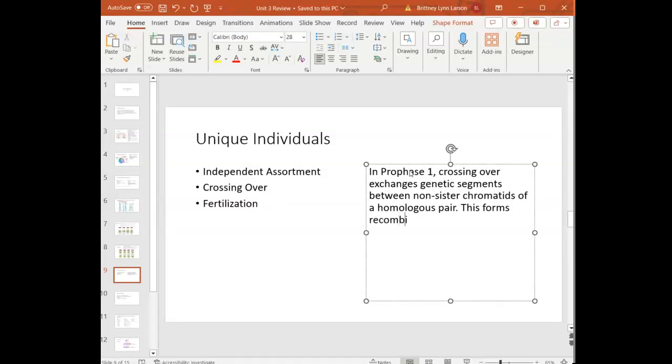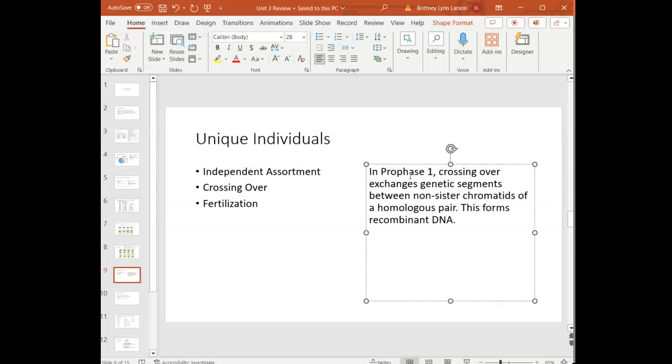This forms recombinant DNA. So I'm using vocab from that vocab list. Basically what we're doing is we are creating DNA that has not existed. That's why we call it recombinant, because it has recombined between the homologous pairs.